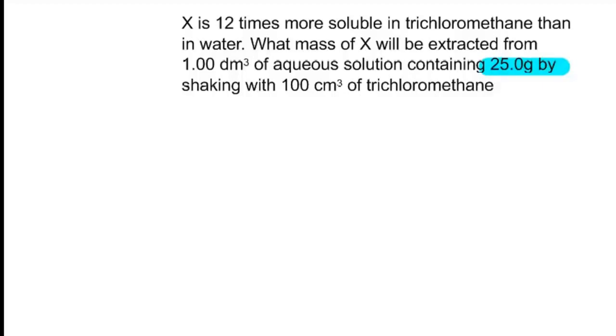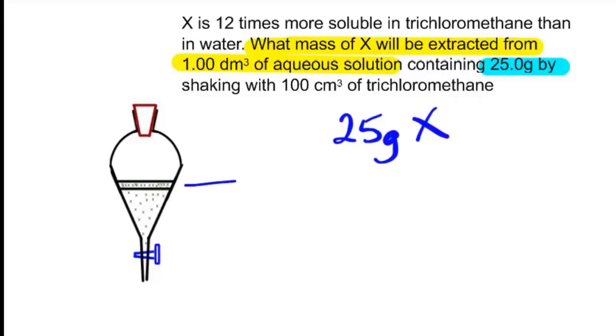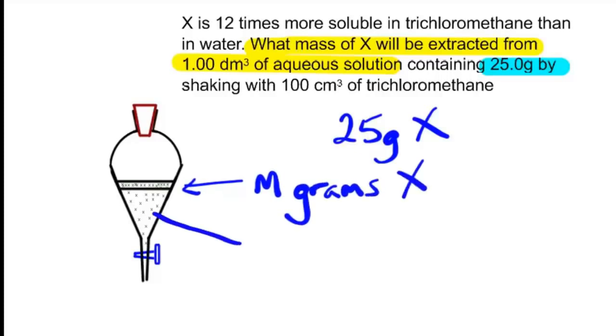You're being asked to find what mass of X will be extracted, that's to say, what mass of X will end up in the trichloromethane layer. I would suggest you use a variable such as m to represent that mass of X that ends up in the TCM. And since you begin with 25 grams of X, the mass of X left in the water will of course be 25 minus m.